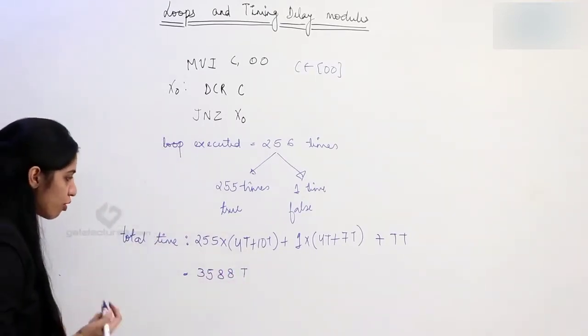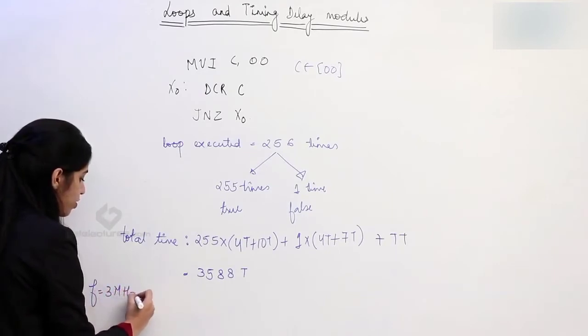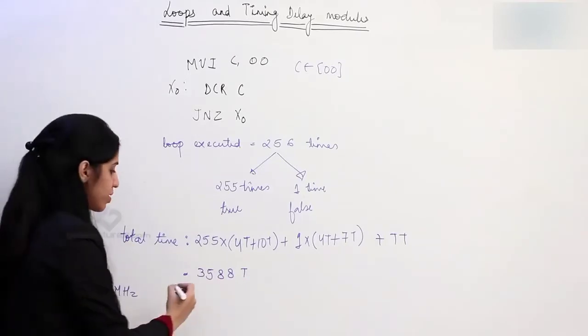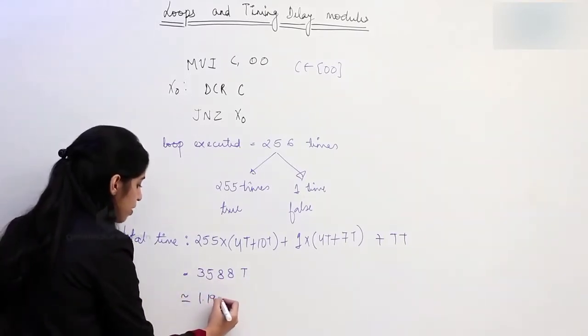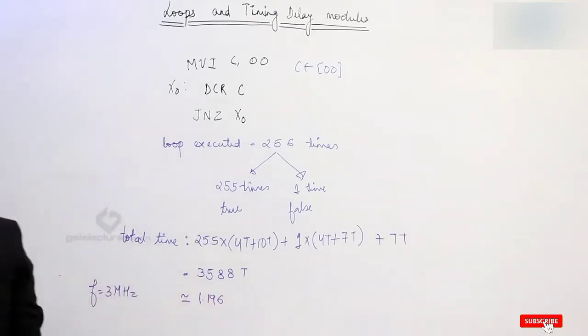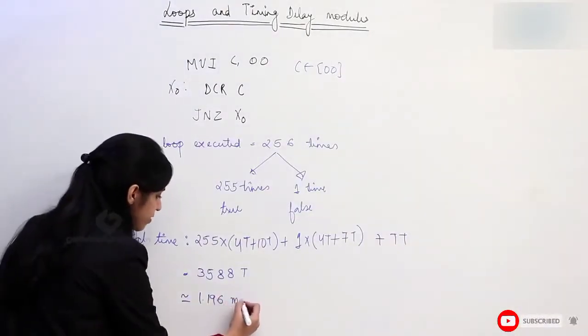Also all of you are aware that the frequency of 8085 is 3 megahertz. So this T is going to be 1/3 microseconds, which makes this a total of 1.196 milliseconds.